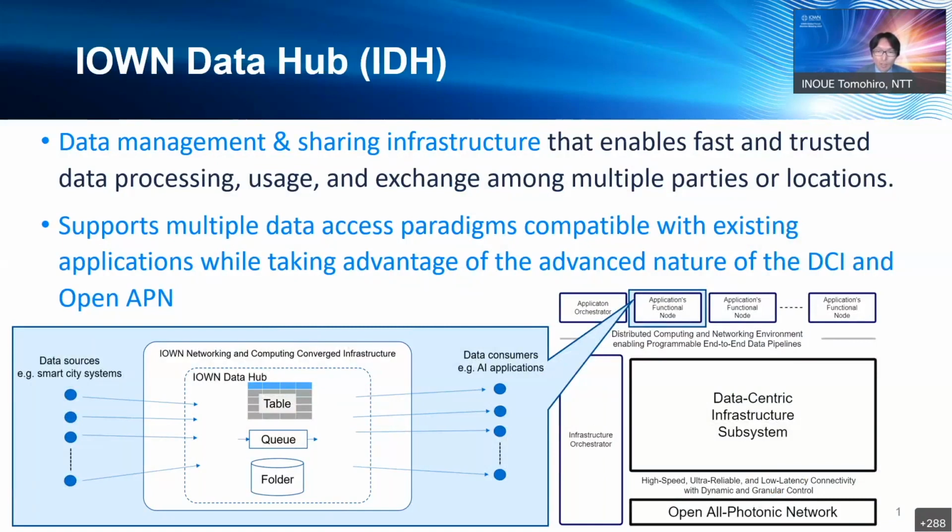It is intended to be commonly used by other application nodes by maintaining compatibility with existing applications. So naturally, it supports multiple data access paradigms such as tables, queues, folders, and so on. Data Hub is built on top of the IOWN DCI data-centric infrastructure and can take advantage of features of OpenAPN and DCI.